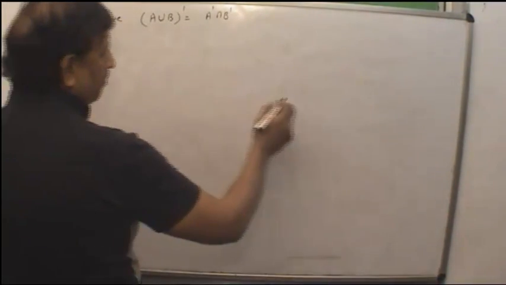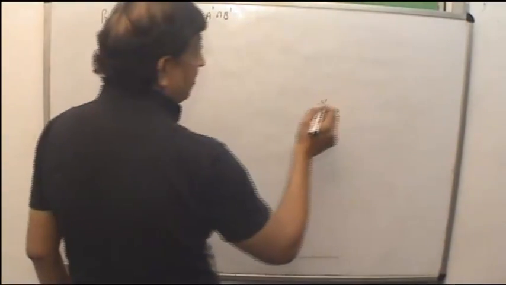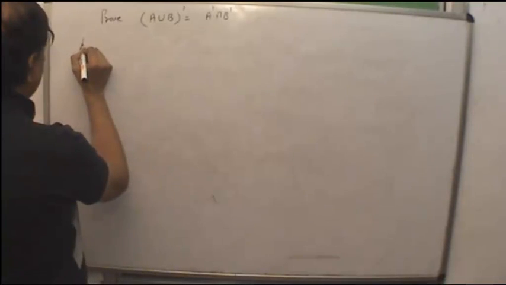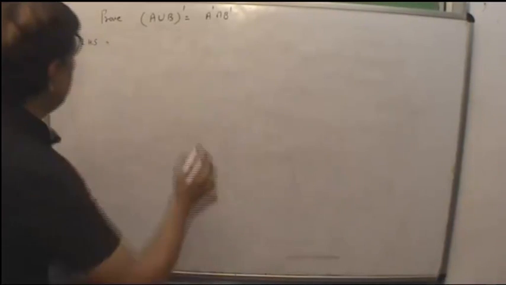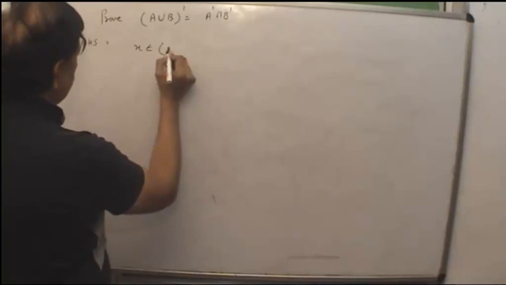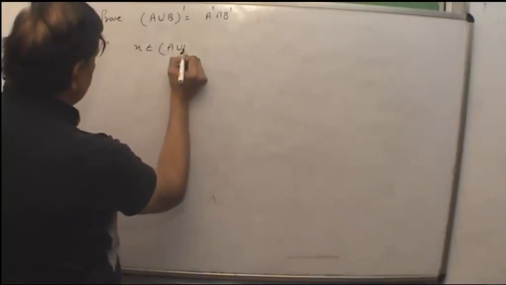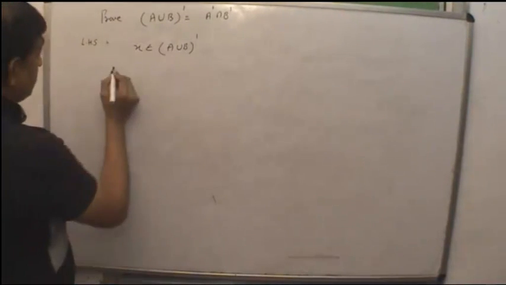We know two sets are equal if A is a subset of B and B is a subset of A. Let us start from the left hand side. We say any element X belongs to A union B complement. What does it imply?